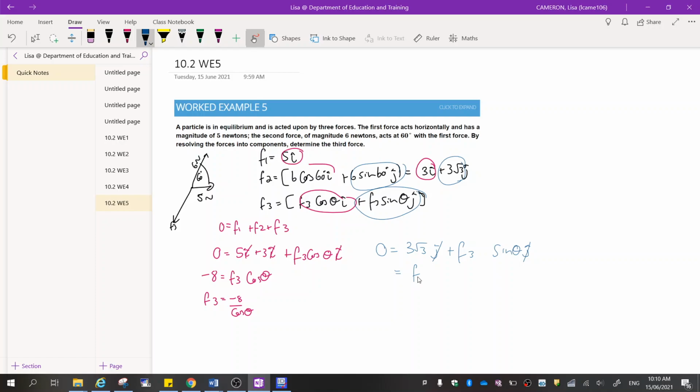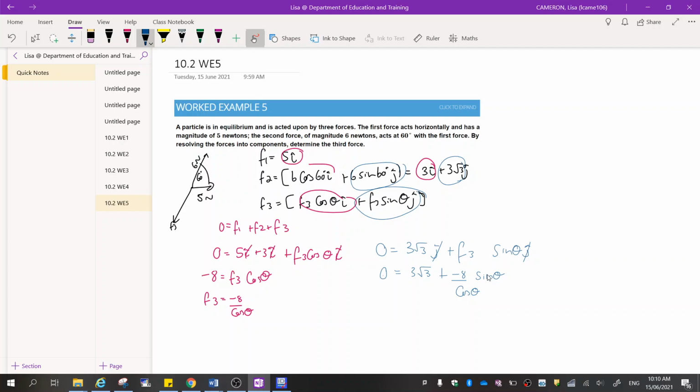Again, I'm ignoring the j components because that's just telling me what I'm looking at. So now I can put F3 back in here. So 0 equals 3 root 3 plus negative 8 over cos theta times sine theta.